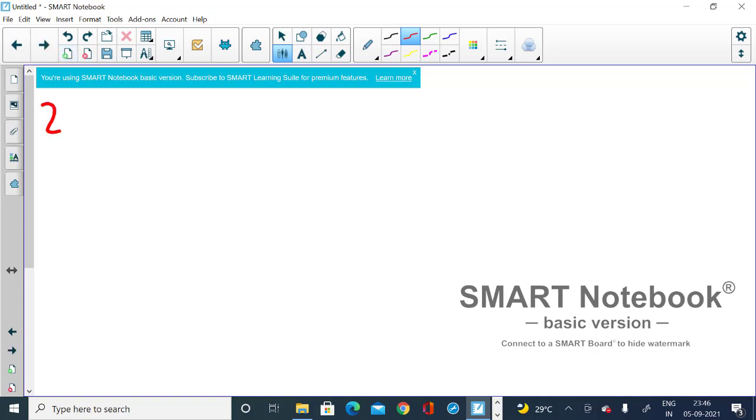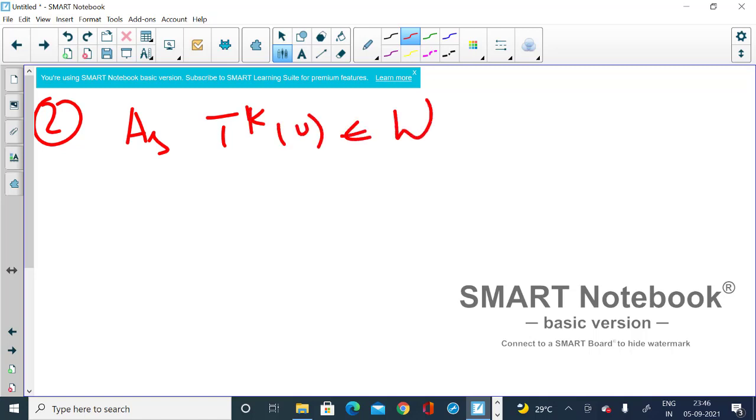As T^k of v belongs to W, because this is linearly dependent, this is in the span of that thing. So this is an element of W, which is linearly dependent, and W is the span of B, and B, you recall, has elements v to T^(k-1) of v.